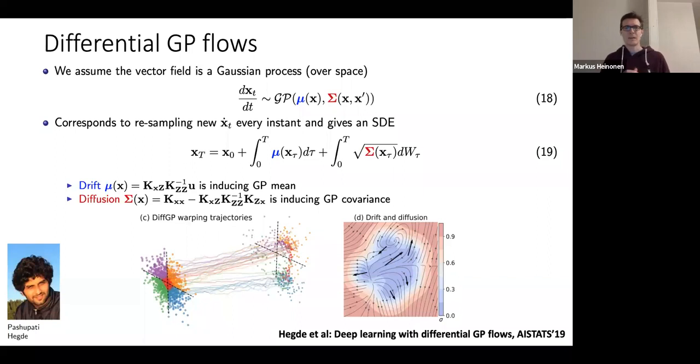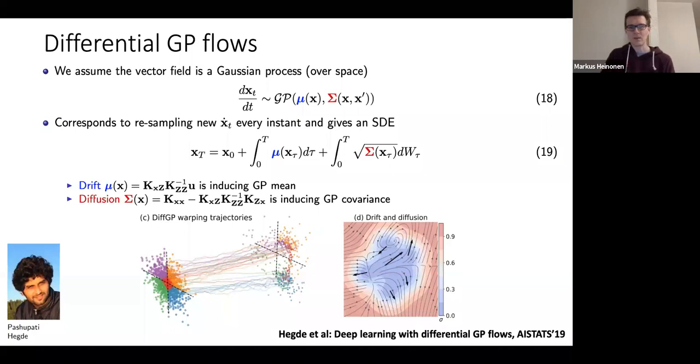So what does this now really mean? This basically means that at the bottom right we see a vector field. It's these lines and arrows. And then we also have this color, which is the magnitude of the diffusion. And then at the bottom left, we see an example of 2D data, which we have colored just for visualization purposes. They are not labels. And then it means that at every time point, when we move this data forward in time, we are always asking this Gaussian process which direction we now move.